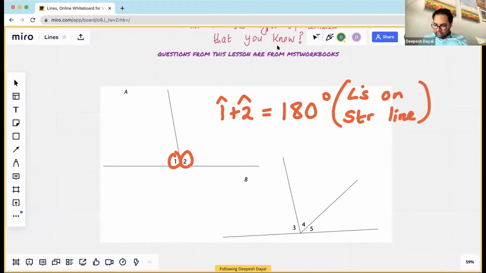And here, what do angle 3, angle 4, and angle 5 add up to? 180, sir? Yes, because again, it's angles on a straight line, right?